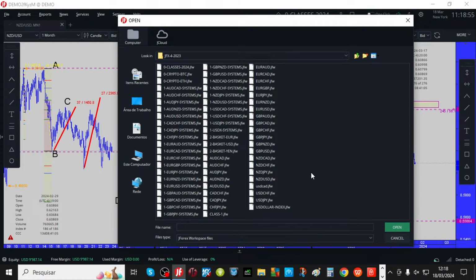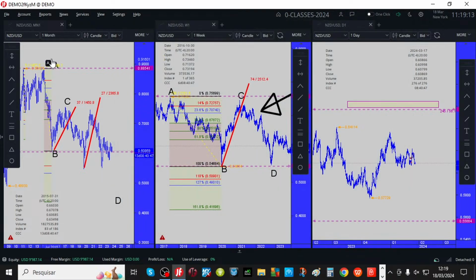Which one do you want, everybody? AUD CAD, AUD USD. We talked about euro dollar maybe. Did we talk about euro dollar, everybody? All right, euro dollar.